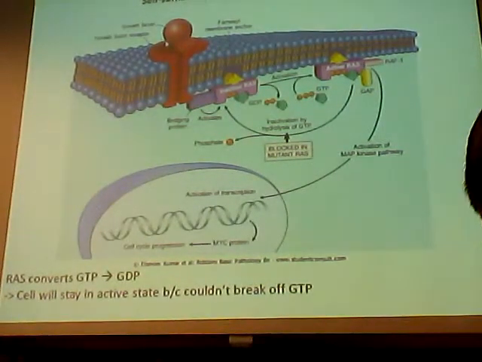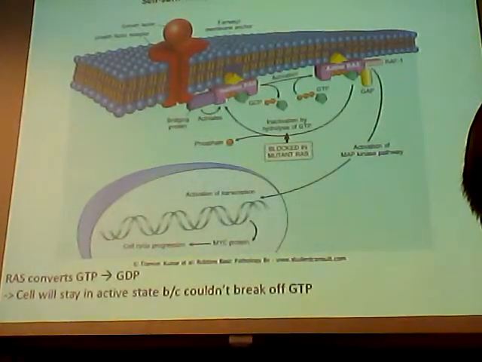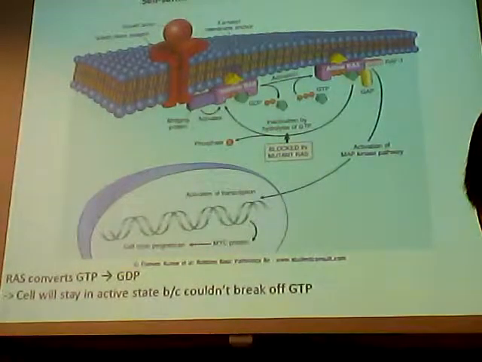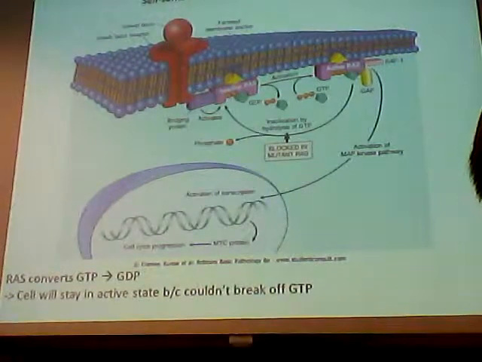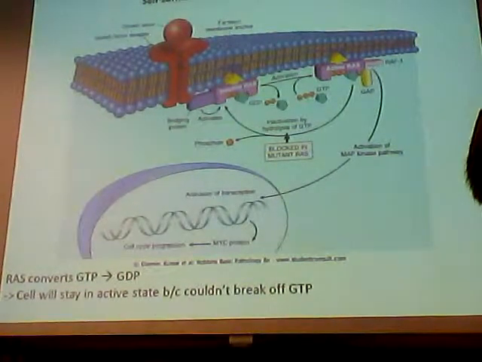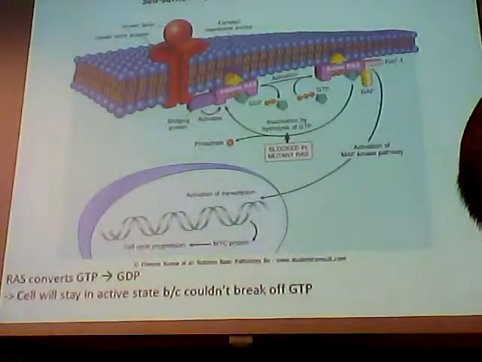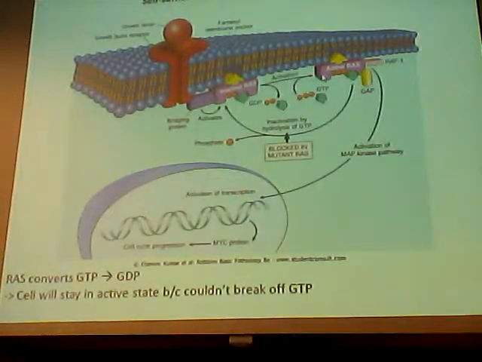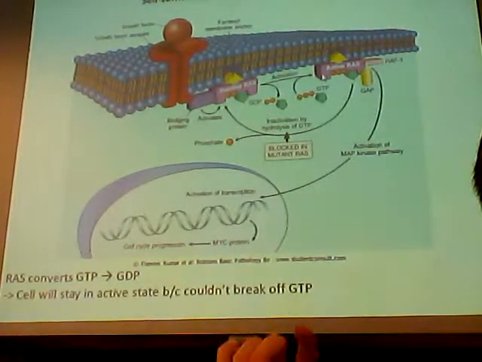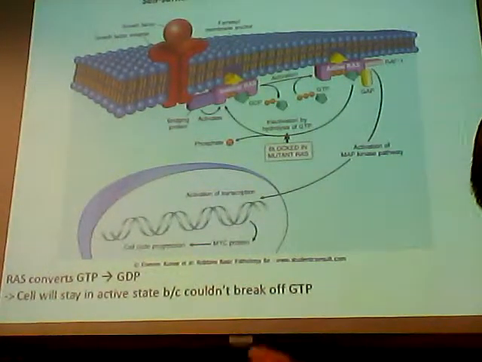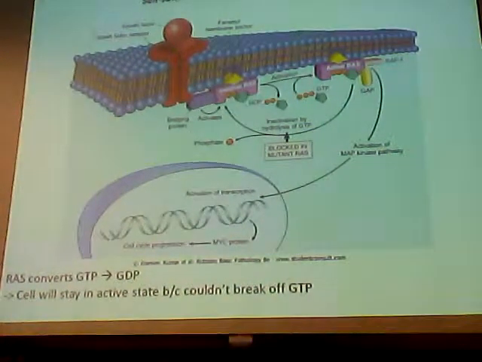Growth factor binds to the GPCR, and it causes these inactive complexes to change conformations, and you swap out GDP for GTP. GTP will make it active, and then RAS will convert GTP back into GDP, so it'll turn the system off once you don't want any more growth.